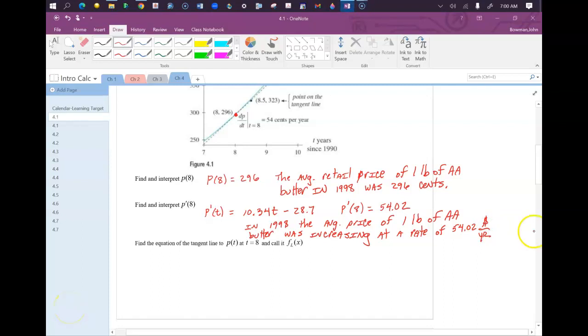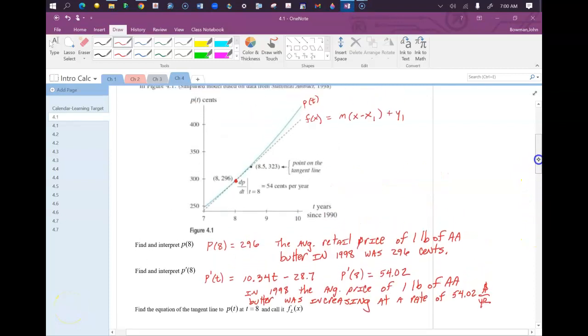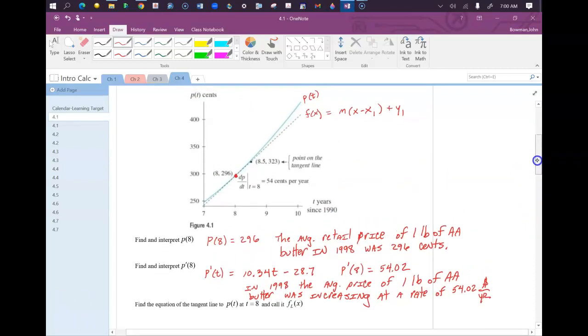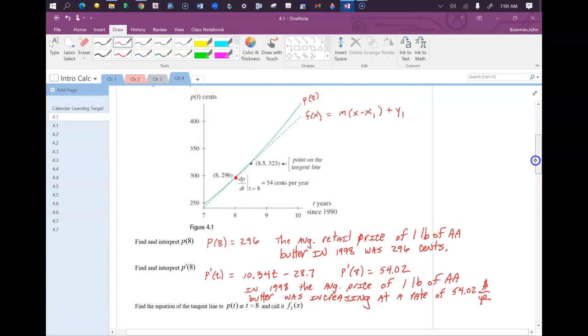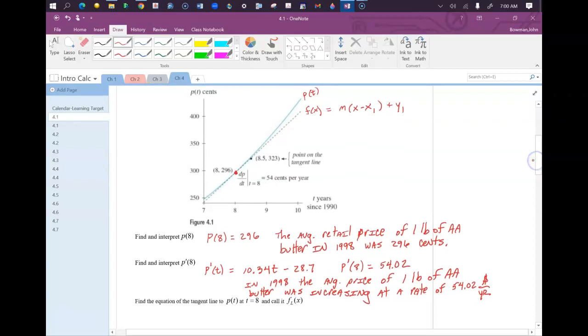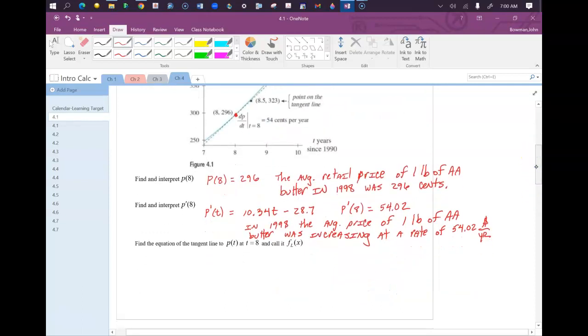Okay, so nothing we've done so far is new. Here's where the new part comes in. It says find the equation of the line tangent to P of t at t equal 8 and call it FL of x. So we're going to label that FL of x, and FL of x is equal to m times x minus x1 plus y1. First of all, m is equal to P prime of 8 because we're finding the line at the point of tangency.